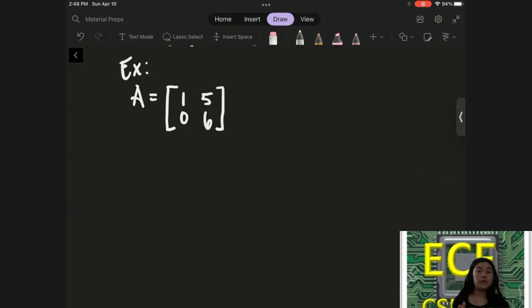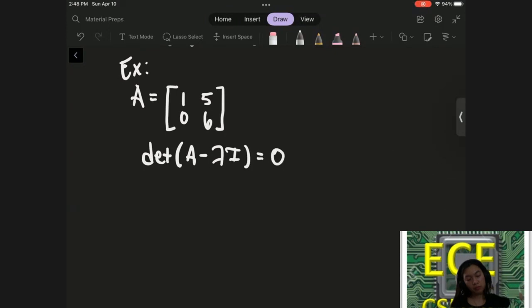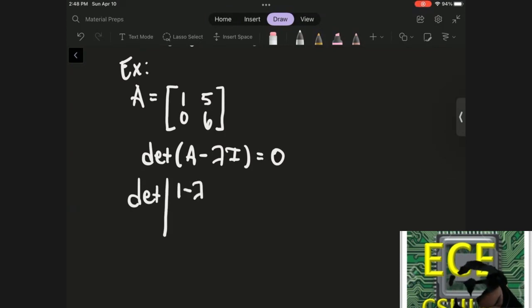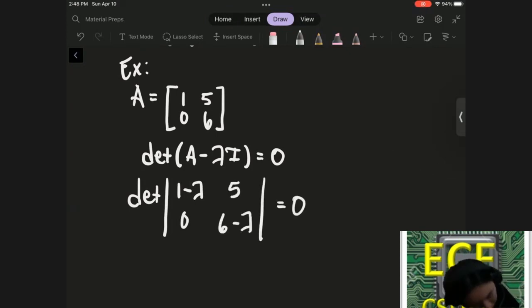Let's try finding the eigenvalues and eigenvectors. To start off, we're going to have to take the determinant of A minus lambda I, and that's going to equal 0. So I'm going to find the determinant of the matrix 1 minus lambda, 0, 5, 6 minus lambda, and set that to 0.